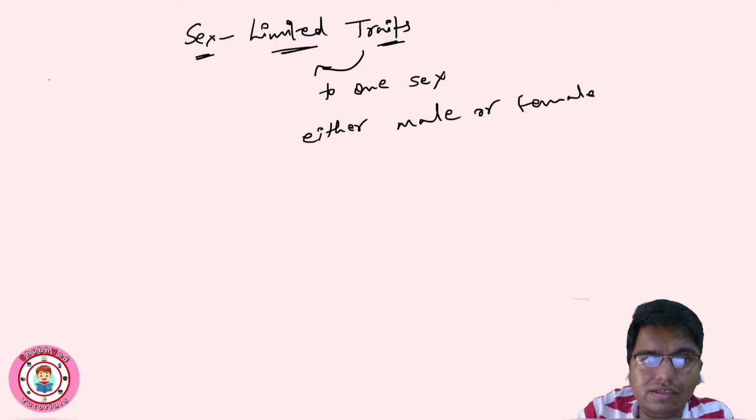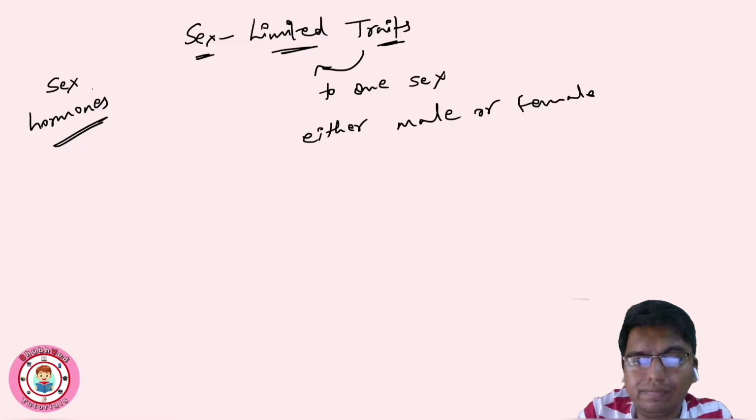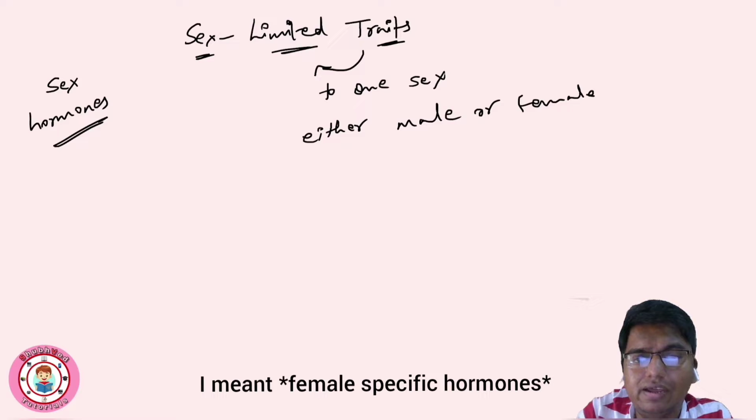See, sex hormones. We know these are specific for male and female. For example, testosterone is specific for male, and all the developmental reproductive system is basically based on that. And female specific are progesterone and estrogen.